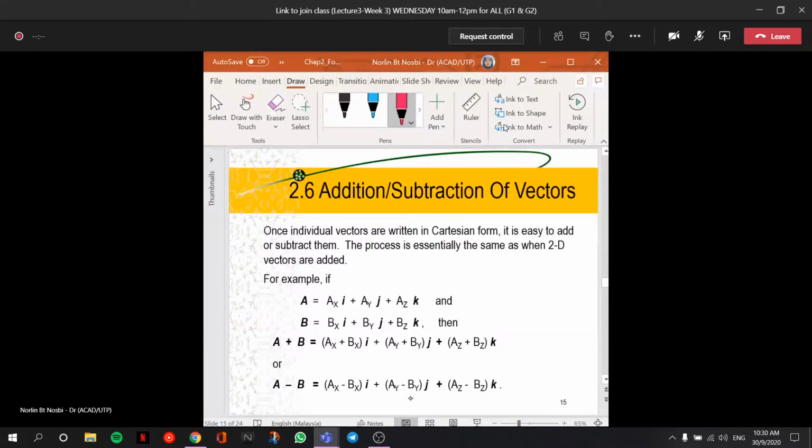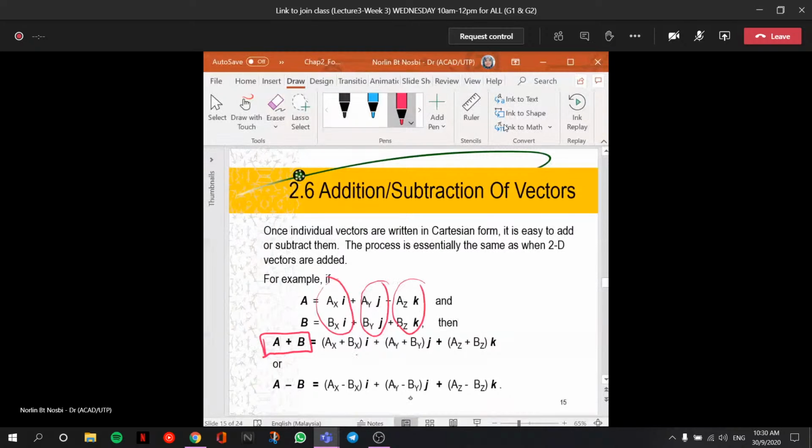If the question shows you A plus B, you just add according to the same component: Ax plus Bx for the I component, and likewise for the J and K components.